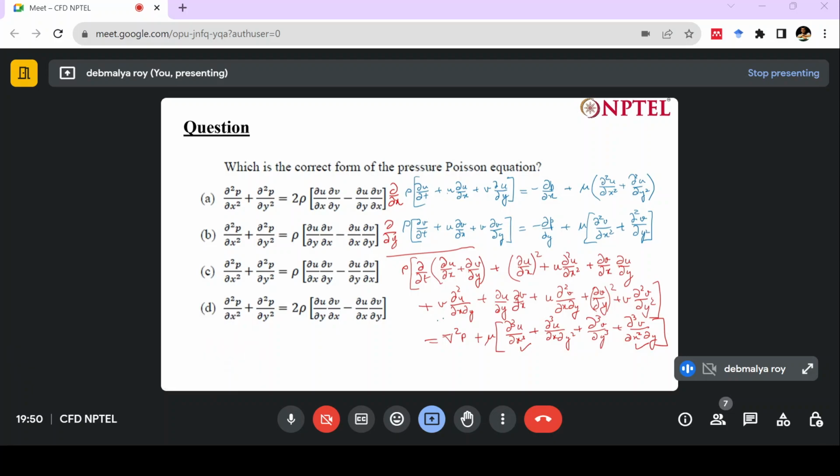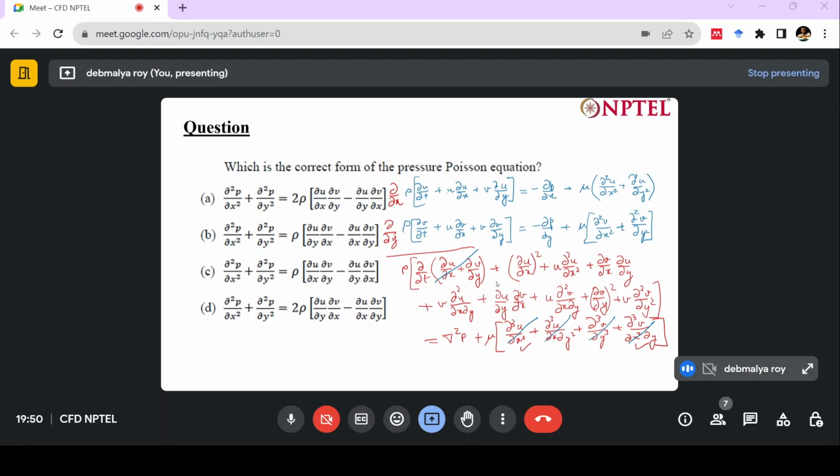So these two terms would cancel. Similarly here also, in these two terms you take del square del y square common, then these two terms will also cancel out from continuity. Here also this term will cancel out.